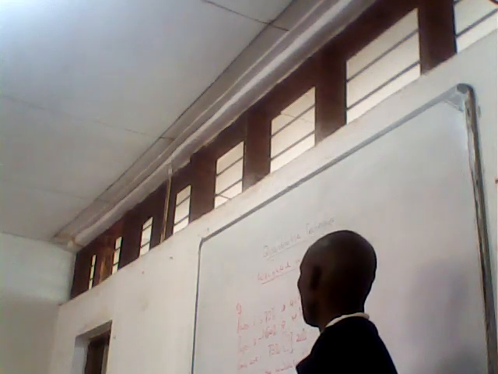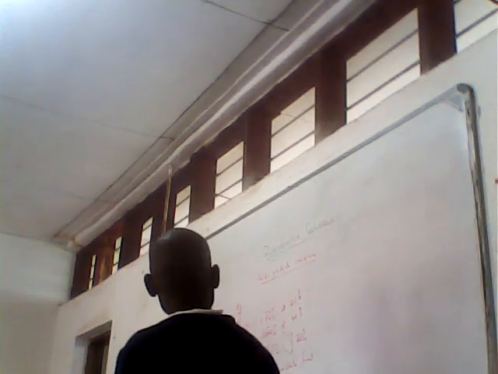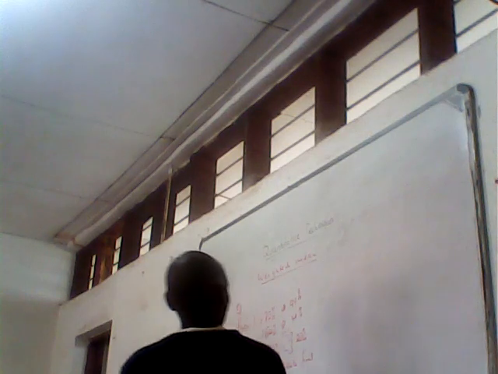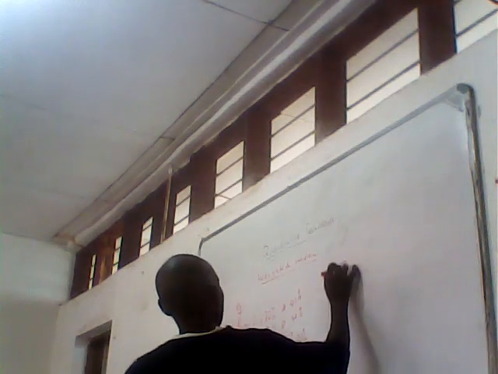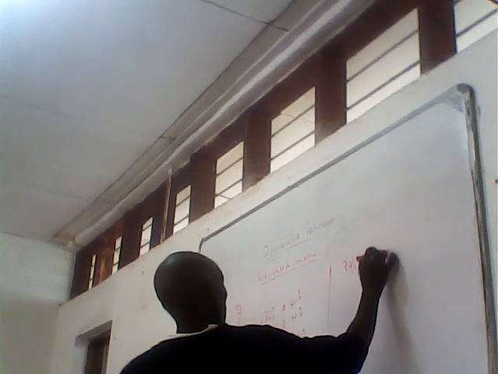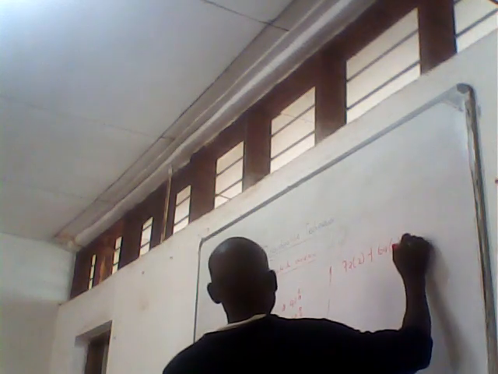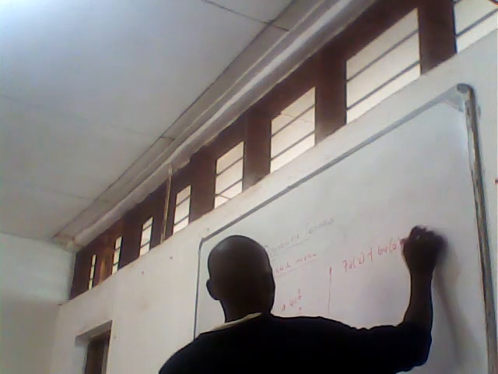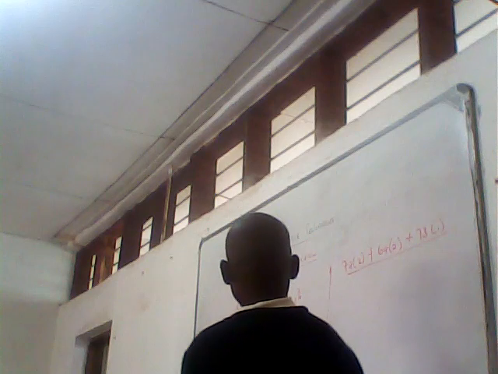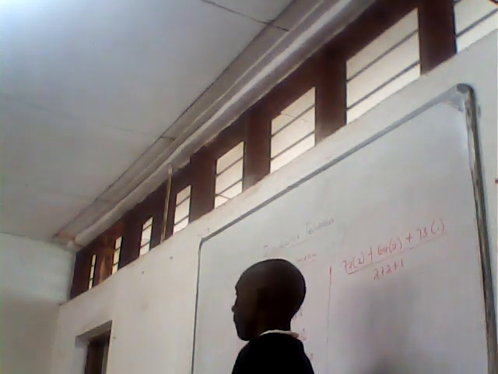These ratios are what we are going to multiply by. So you do 72 multiplied by 2, plus 64 multiplied by 2, plus 73 multiplied by 1. The answer you get, you divide by 2 plus 2 plus 1, the sum of the ratios.